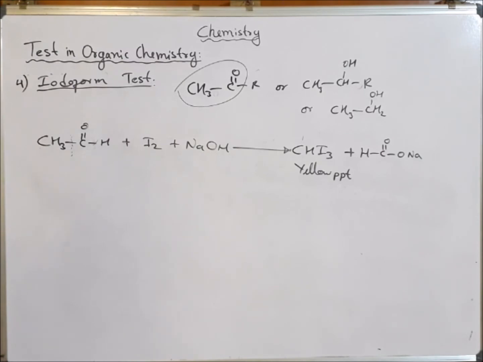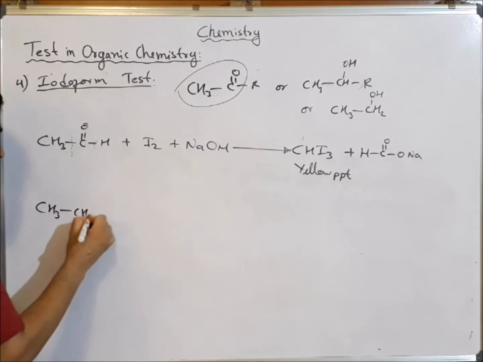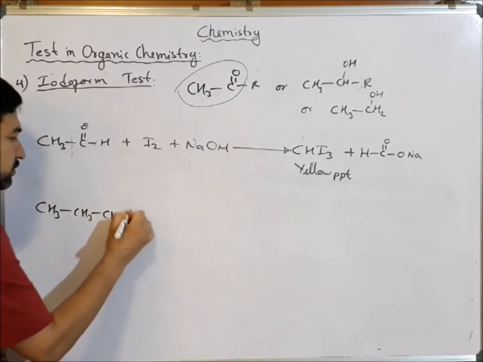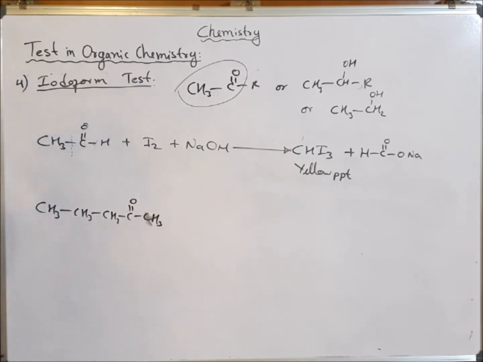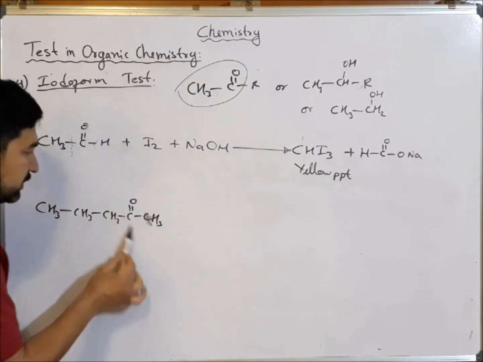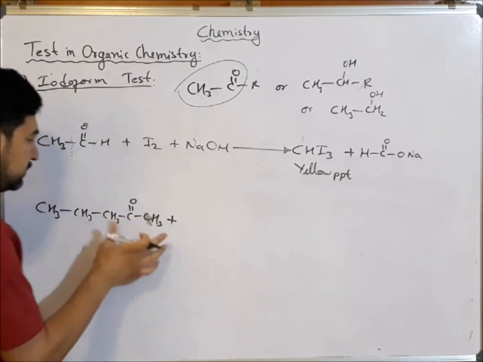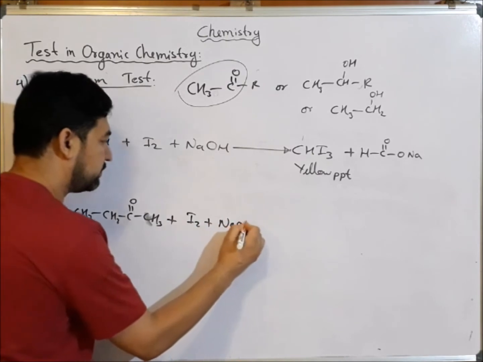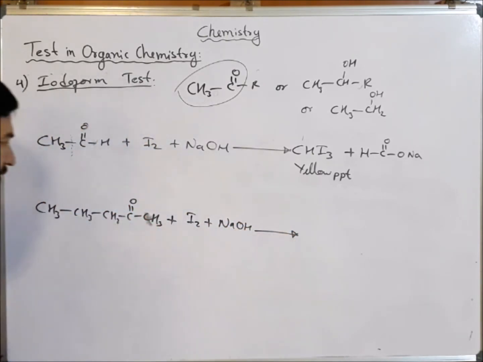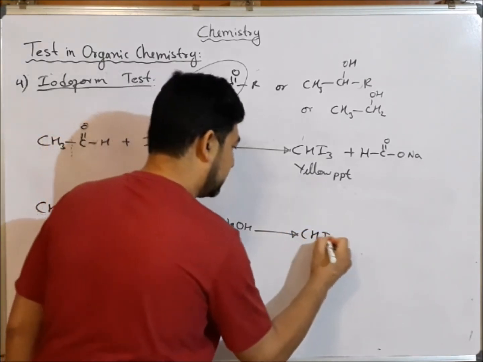So if we take another example, if we have the compound like this, a ketone with CH3, in this format here you can see CH3. If it has the compound like this, then it also gives the iodoform reaction. So always remember your methyl ketone forms your iodoform, CHI3.